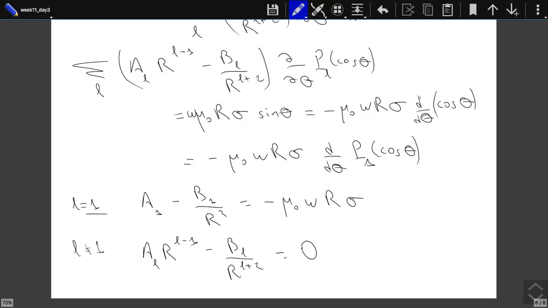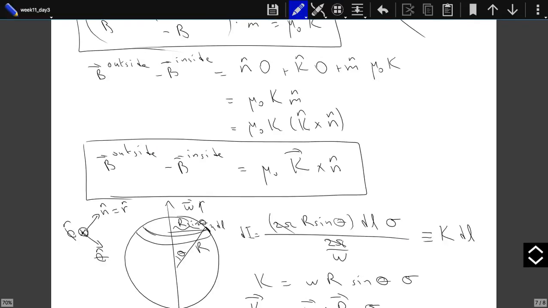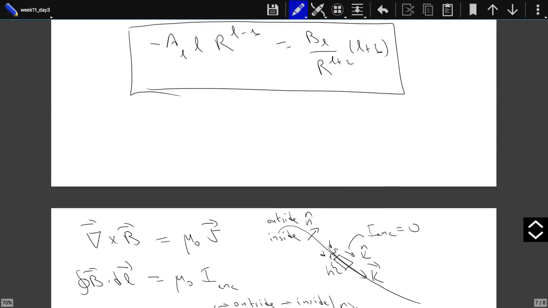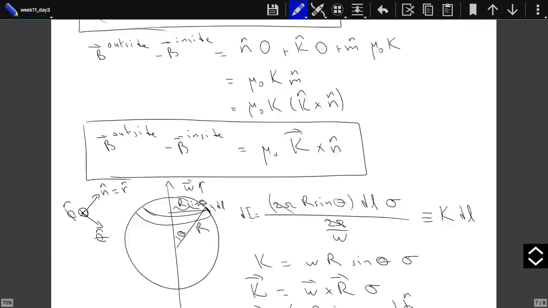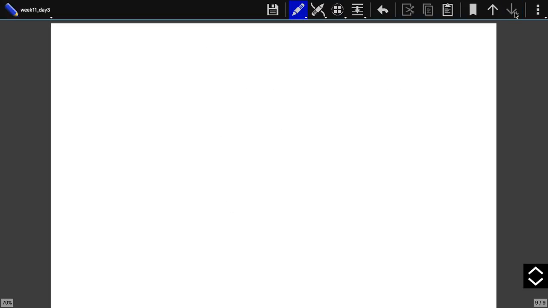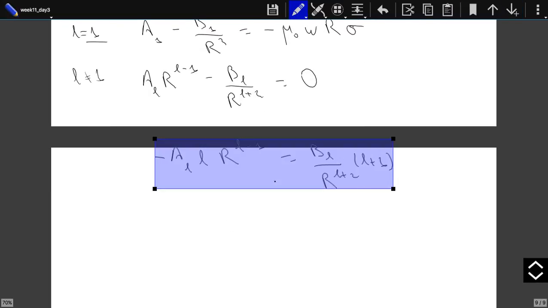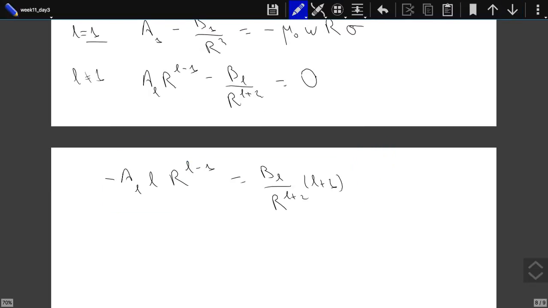Now this gives me my second set of equations for these coefficients A and B. Remember, before I obtained a condition between A and B, whether L is equal to 1 or not. Now I have this other condition.